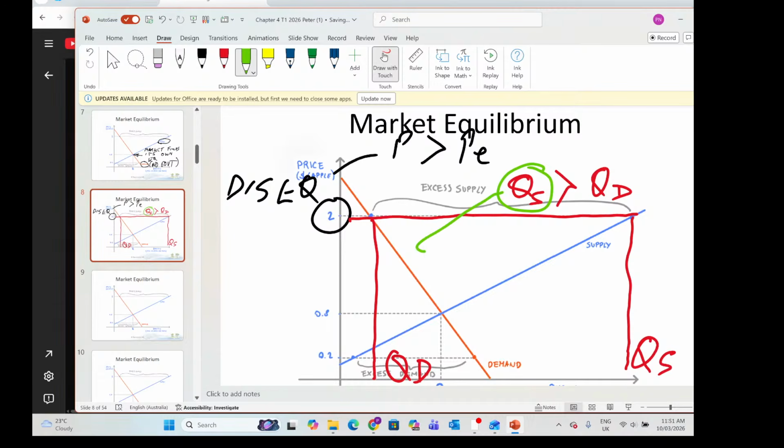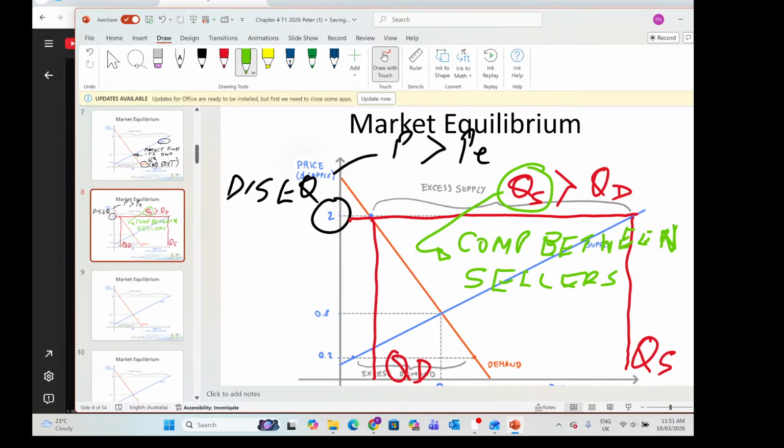So what happens in the market is this, that there is competition between sellers.